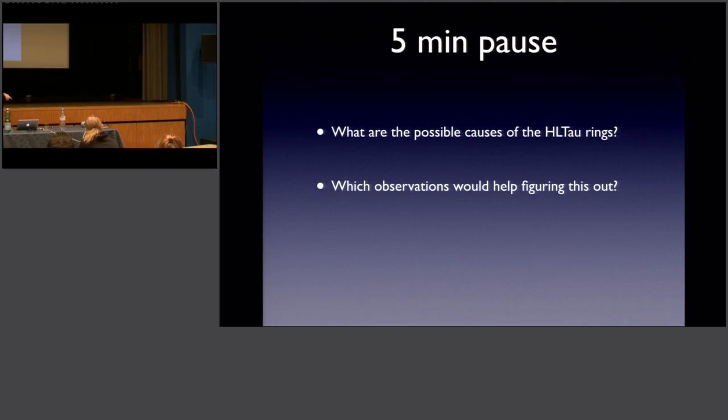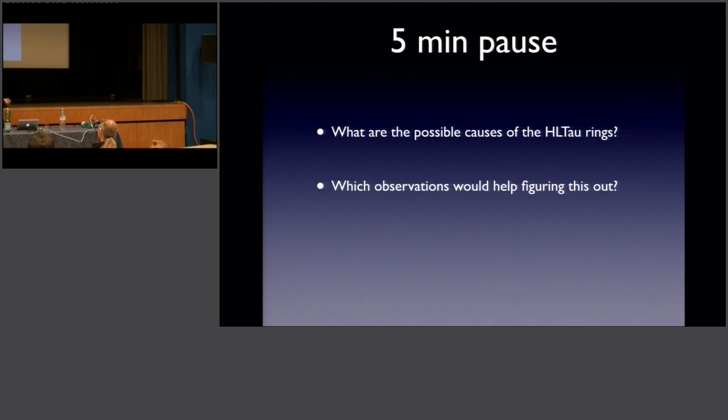One is that these things are caused by planets, but you don't need very large planets to make such a structure, because what you see essentially in that image at 1 millimeter, roughly speaking, is dust. You are mostly sensitive to dust that has a size comparable to the wavelength at which you are observing, so of the order of millimeter size, okay?